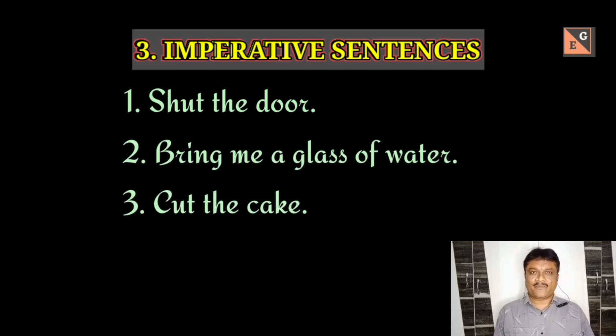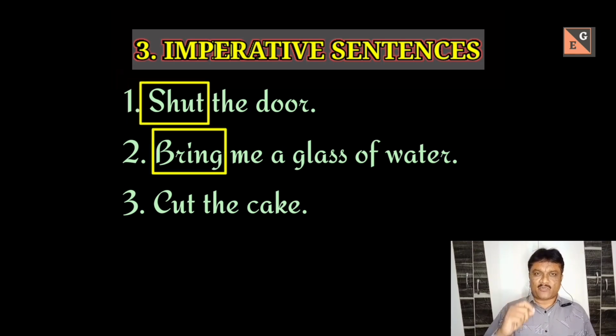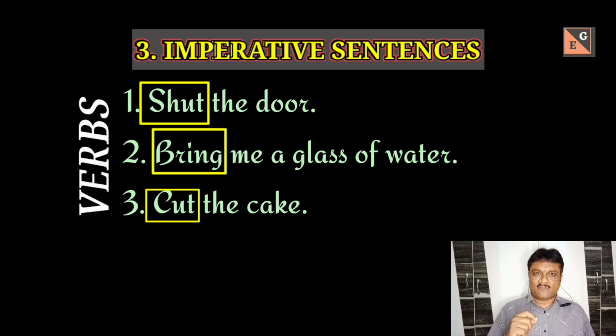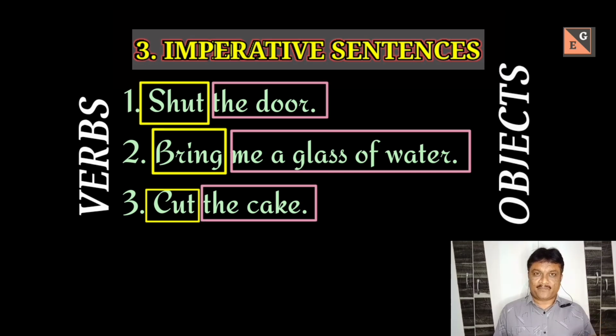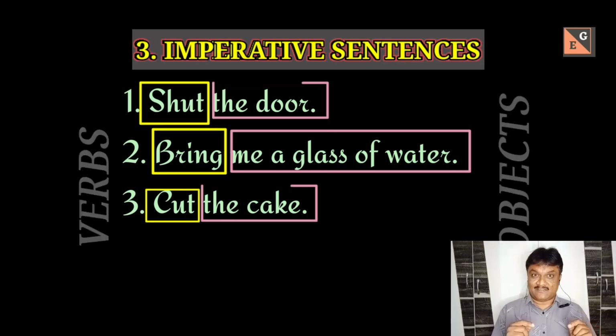Cut the cake. In all these three sentences, shut, bring, and cut are the verbs, whereas the door, me a glass of water, and the cake are the objects. The subject, you, is present in all these sentences, but it is hidden.